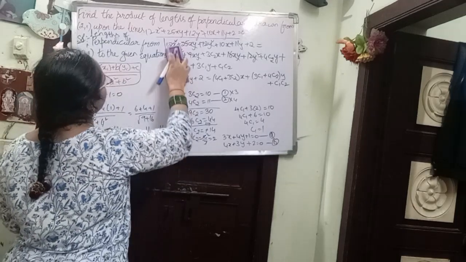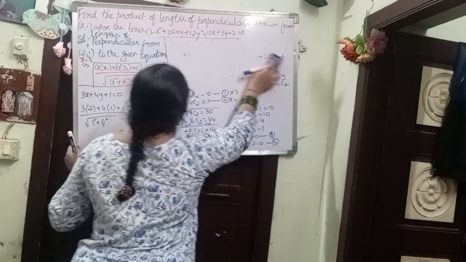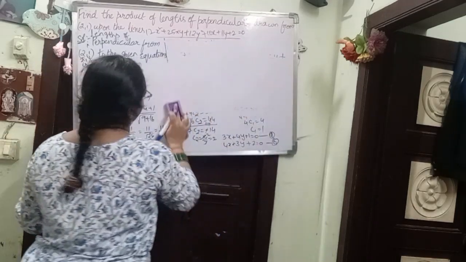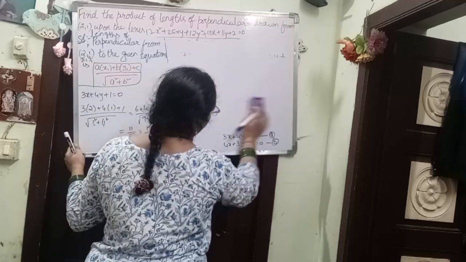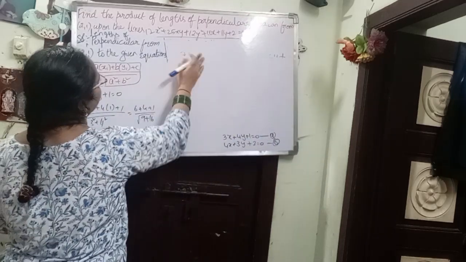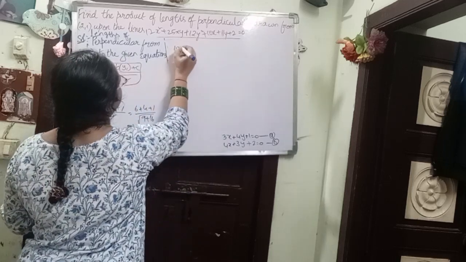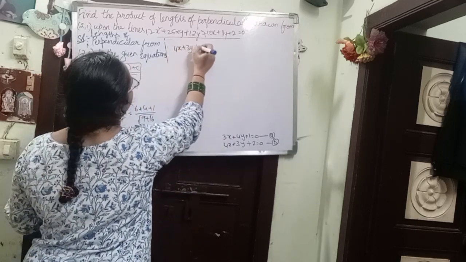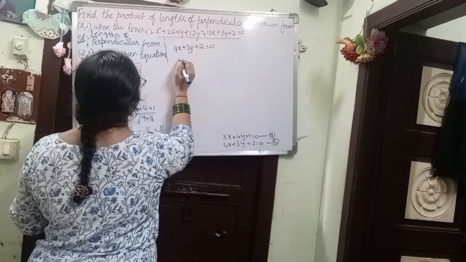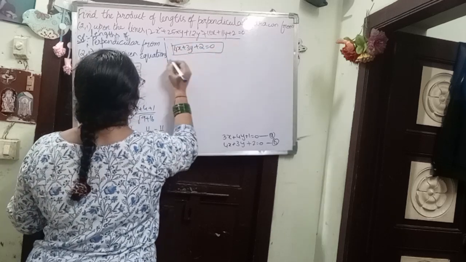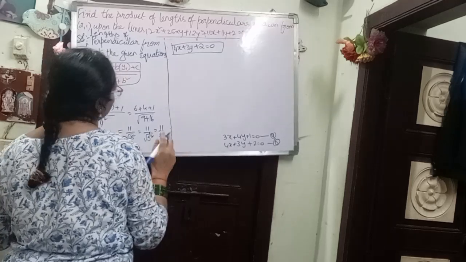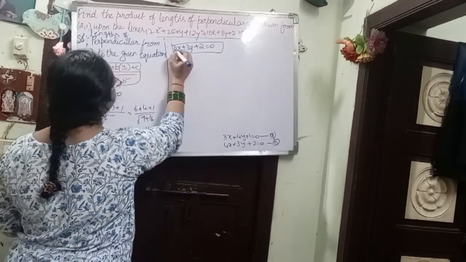Next, the other equation. The second equation we have is 4x plus 3y plus 2 equals 0. For this equation, we have to find the perpendicular length.